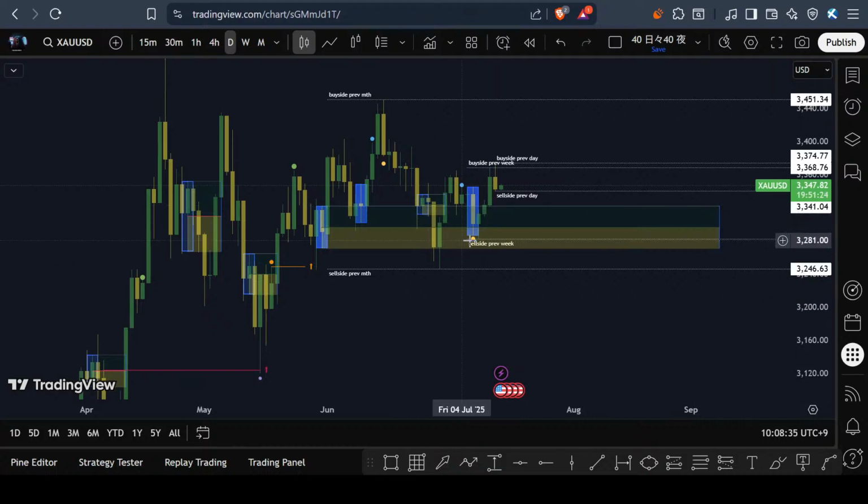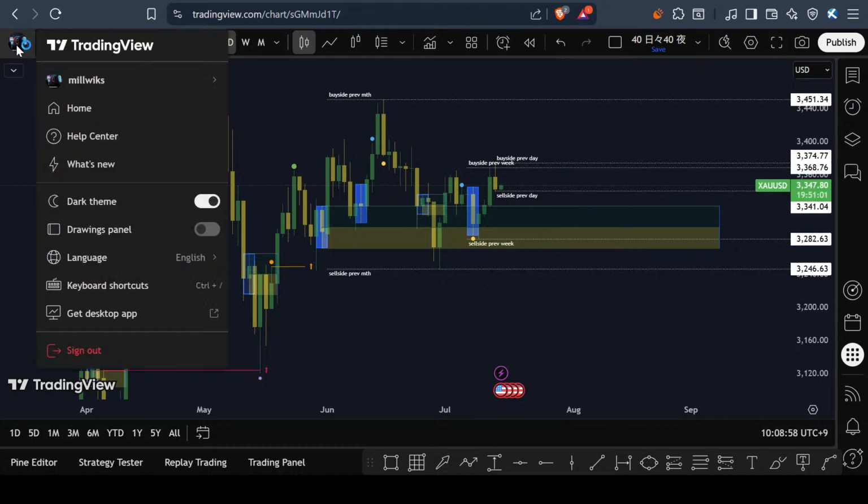Once we break this demand here and we have a supply forming in this area, we may see price actually dip down a little bit before we see a continuation to the upside.